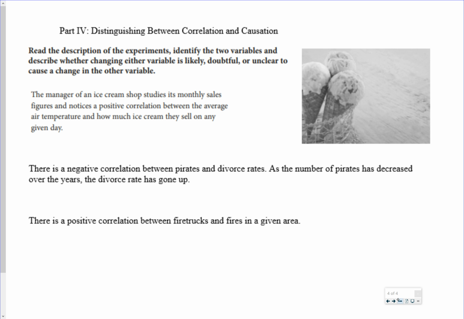So the first example says the manager of an ice cream shop studies its monthly sales and notices a positive correlation between the average air temperature and how much ice cream they sell on any given day. So my first variable is ice cream, and my second variable is temperatures.